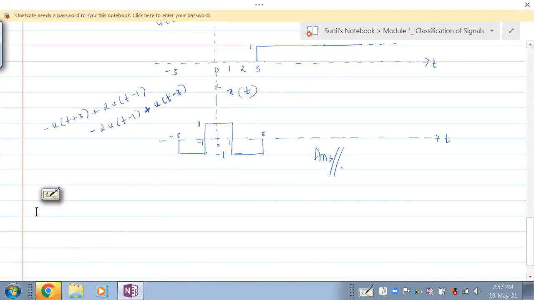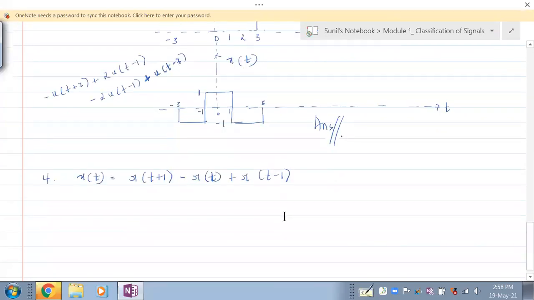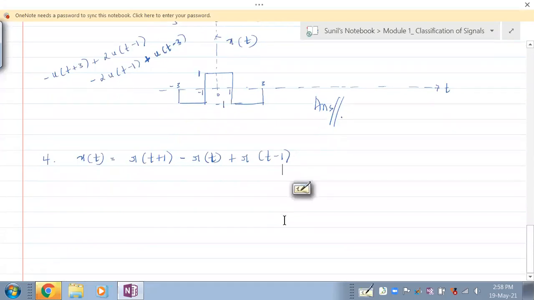This is sketch number 4 we're doing, and sketch number 4 wants us to sketch x of t, which is actually r of t plus 1 minus r of t plus r of t minus 1. Okay, you all know what is r of t.